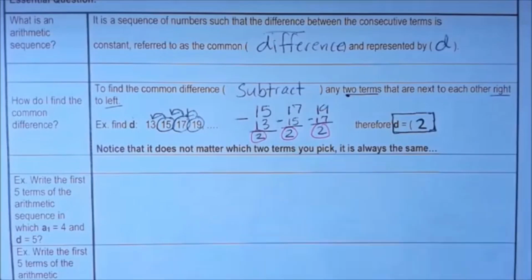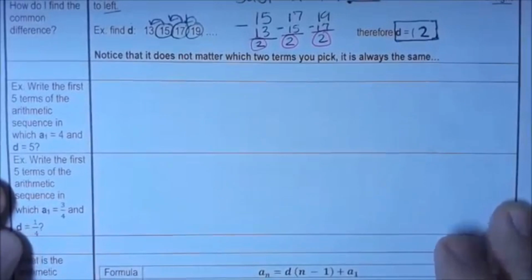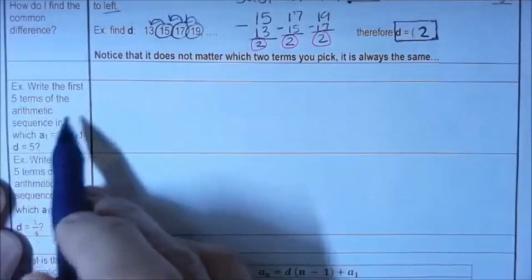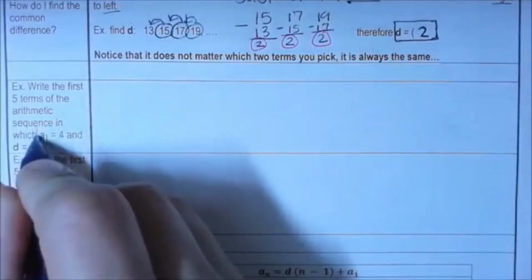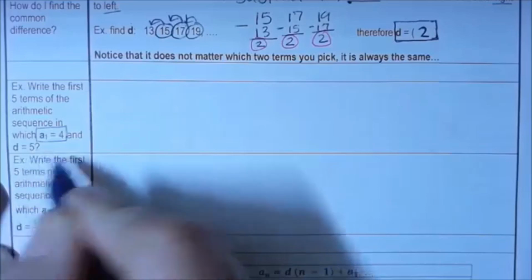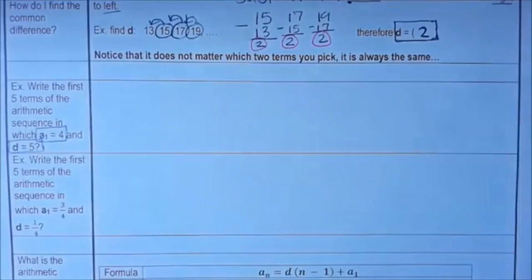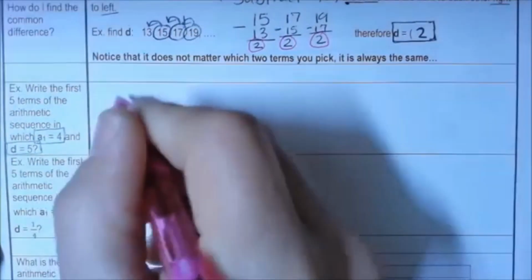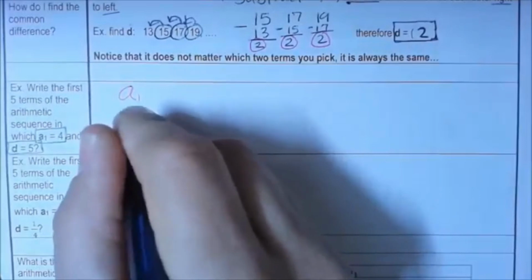If it gave us more terms, we could continue this process and it would always show a change of positive 2. Now, knowing that, we're going to go to the next part of our lesson, which is write the first 5 terms of the arithmetic sequence in which a sub 1, and I'm going to box that, is equal to 4, and d is equal to 5. So I'm going to write my a sub 1 right here, and that's going to be equal to 4.